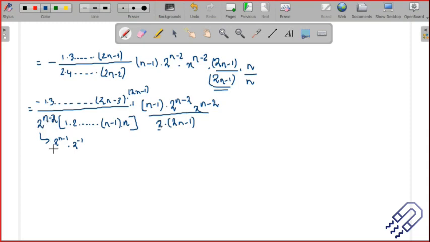So please be very careful here. It is 2 to the power n minus 1, no problem. I have added additional 2, divided it by 2 and multiplied it by 2 here, so that I get 2n minus 2. What I want to do is, I want to cancel this out. So this way I can cancel this, and I can cancel this. So I can cancel these two terms out. Where do I get this 2n minus 1? Because this 2n minus 1 and this 2n minus 1 gets adjusted here.